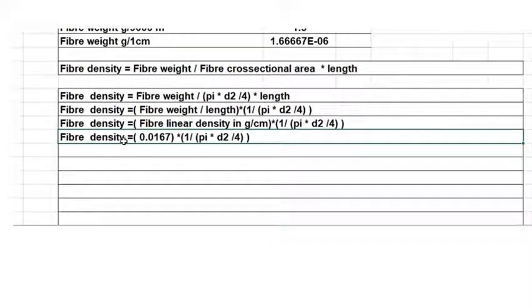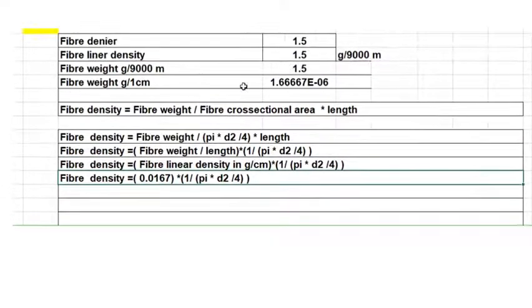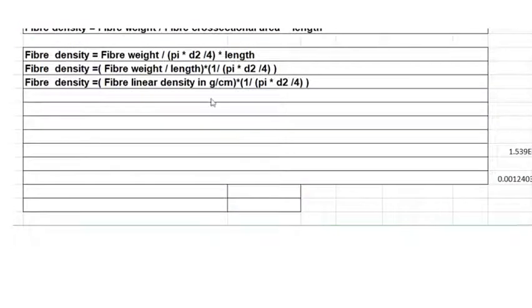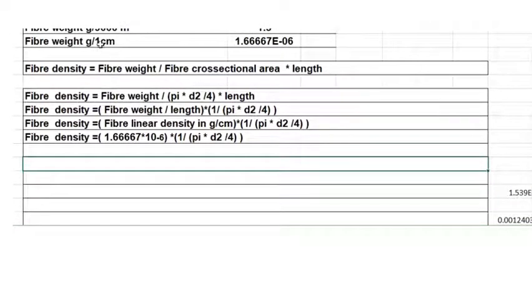We are putting that in gram per centimeter, which we have already found. So fiber density is equal to fiber linear density in gram per centimeter. Let us substitute the value again: 1.6667 into 10 power minus 6, which we have found, fiber weight in gram per 1 centimeter.